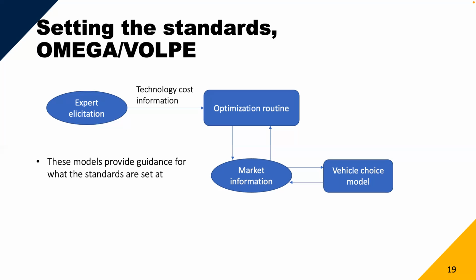They elicit all of this technology cost information across the industry, across all these experts, and plug it into this Omega or Volpe model, and then they develop this market information. They use a vehicle choice model too, though that's more recent.